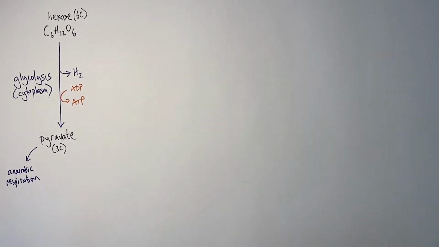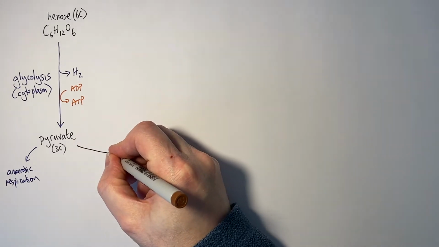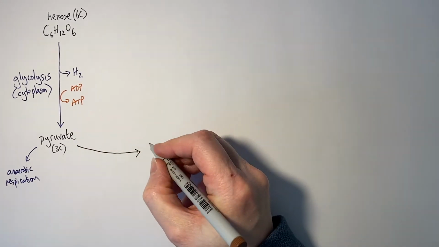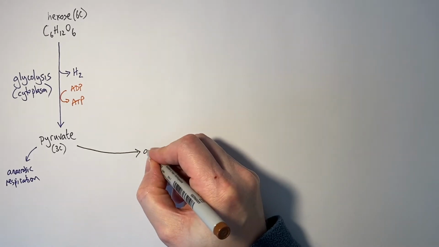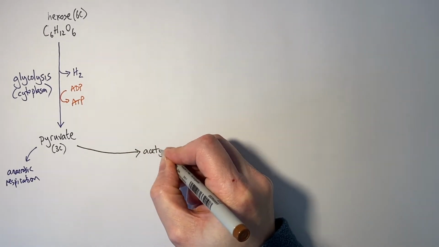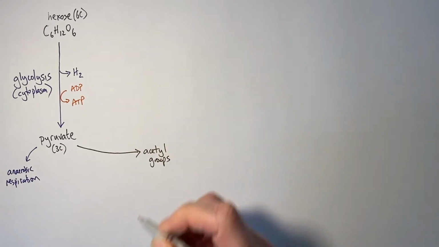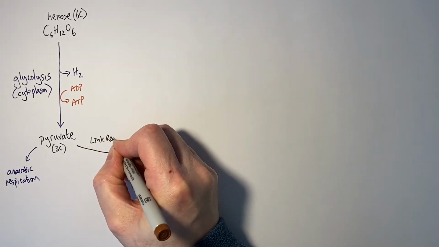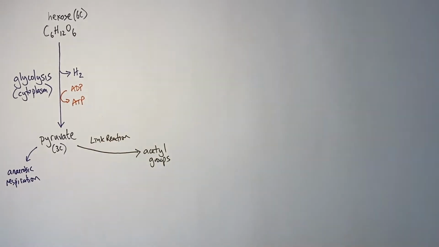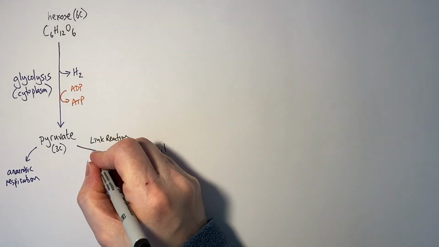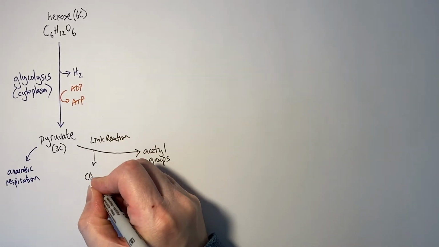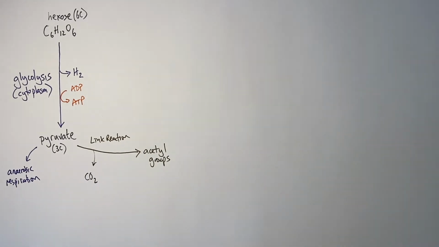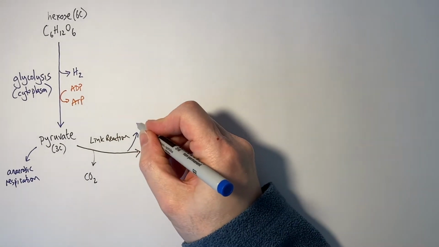However, pyruvate does then go to another stage, and that other stage involves pyruvate being converted to a substance that contains acetyl groups. And that process is called the link reaction. And what happens in the link reaction is that we get carbon dioxide released, and we also get some hydrogen released.